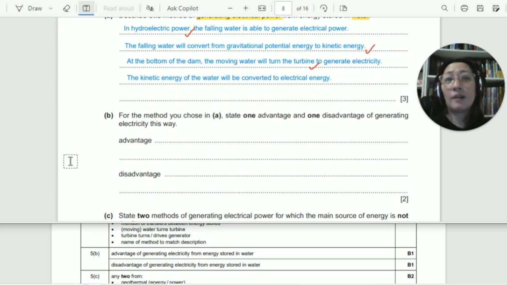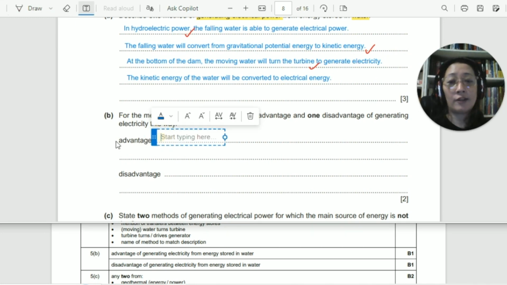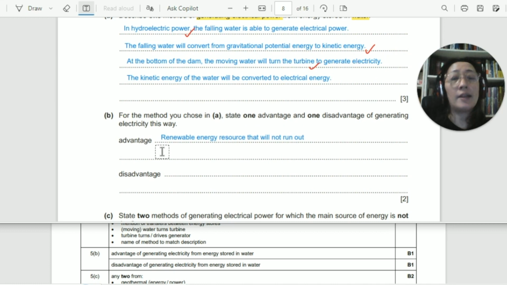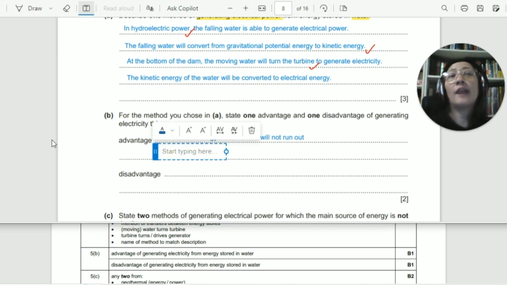An example of this is that it's a renewable energy source, which means that it's not likely to run out because there's always going to be water. So we can write here, this is a renewable energy resource that will not run out. Another advantage besides this also is that hydroelectric power is actually very efficient.